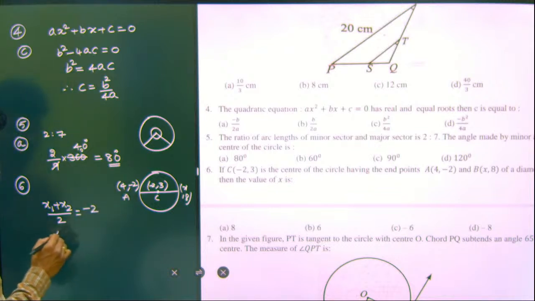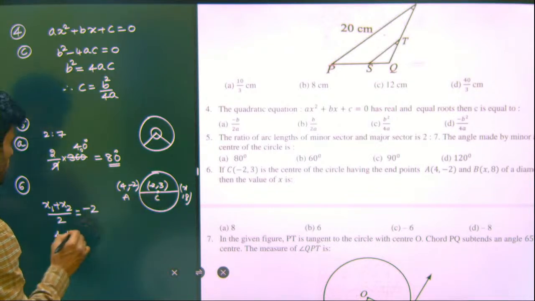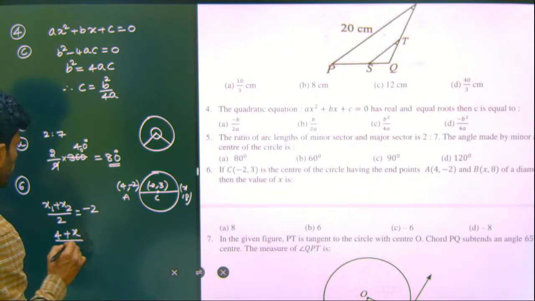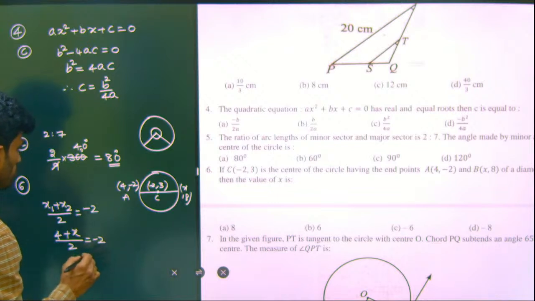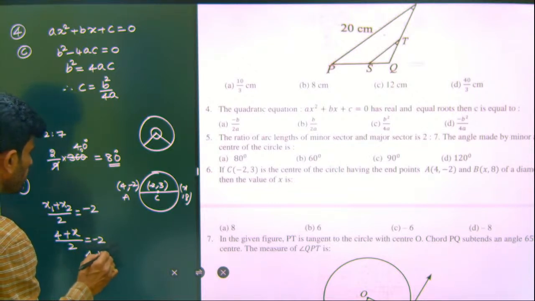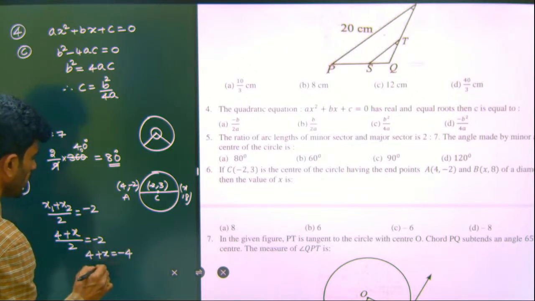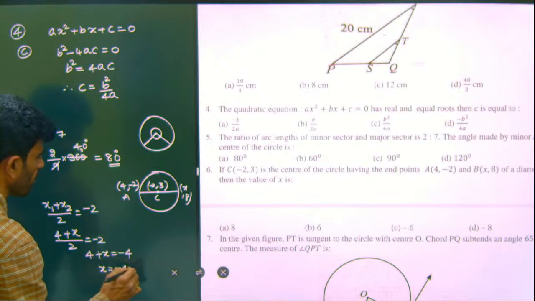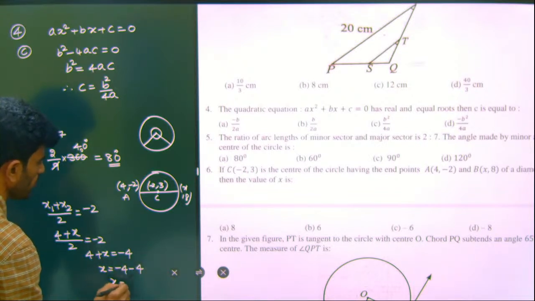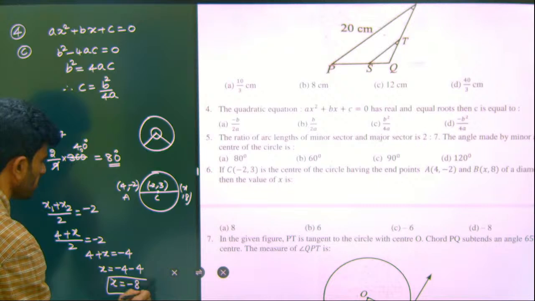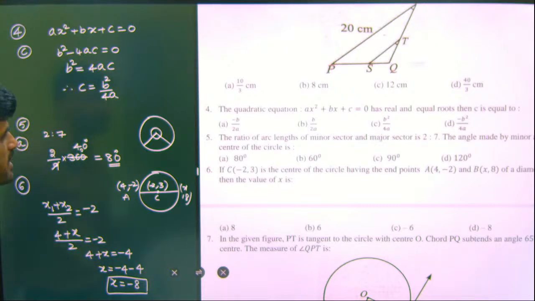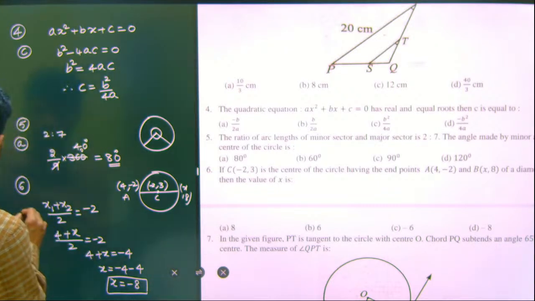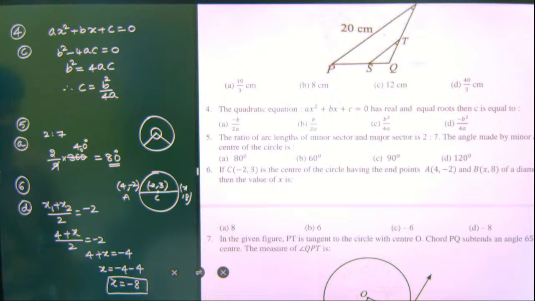So 4 plus x by 2 is equal to minus 2. So 4 plus x is equal to minus 4. So x is equal to minus 4 minus 4. x is equal to minus 8. Option D. Question number 6.